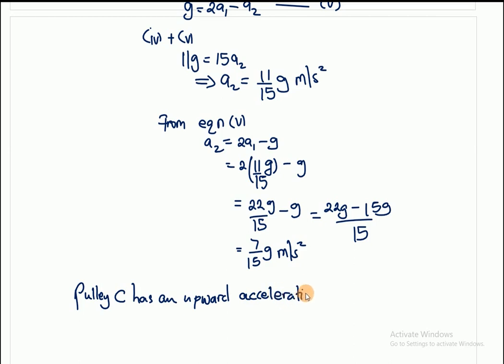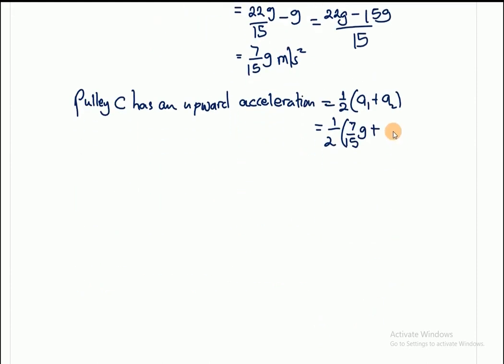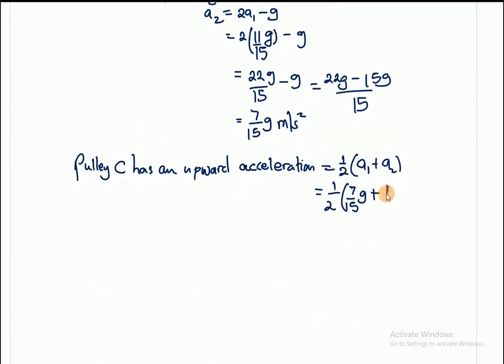Has onward acceleration which is equal to a half of a1 plus a2. This is a half. A1 is 7 over 15g plus, okay, let me put this is a1, 11 over 15g.